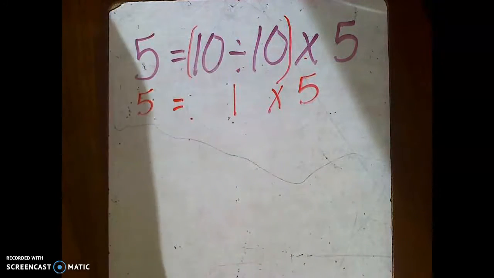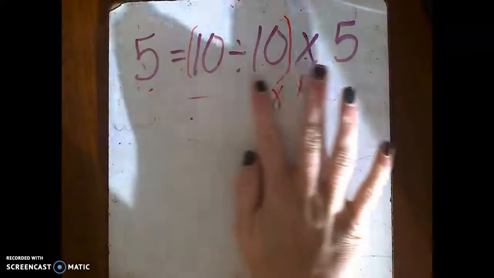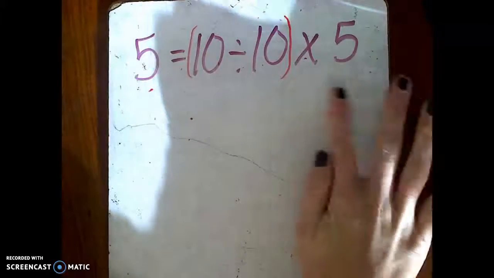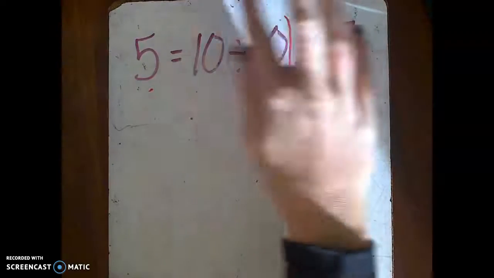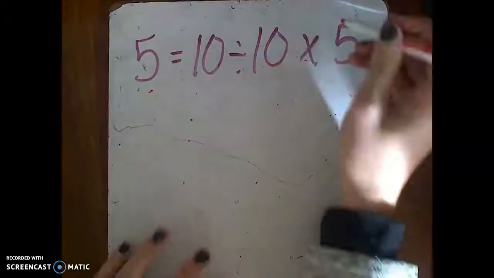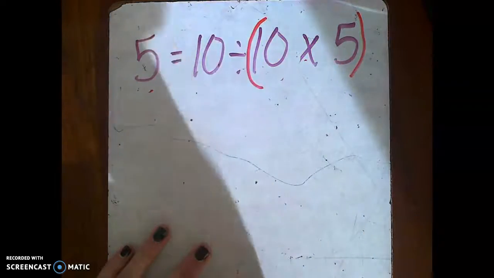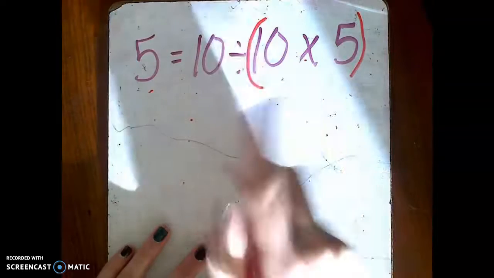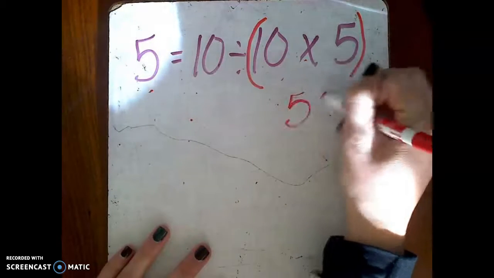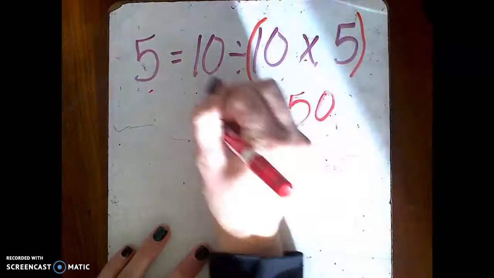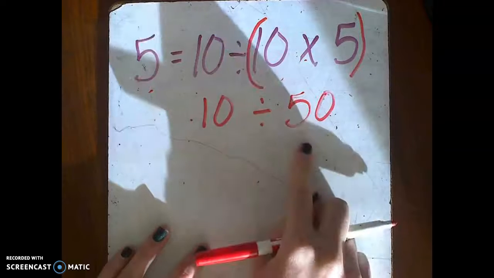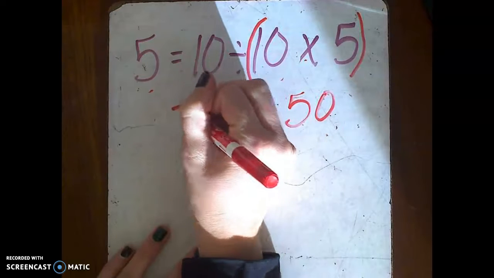All right, let's see what would happen if I put my parentheses in a different spot. What if I put my parentheses around my 5 and 10? I have to do these first. 10 times 5, that equals 50. 10 divided by 50? Oh boy.